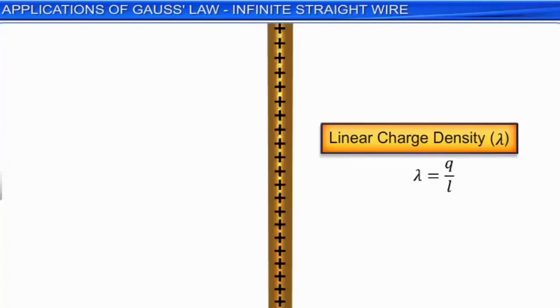The wire considered has an axis of symmetry. Consider a point O on the wire. Consider a radial vector from O to a point P whose magnitude is R. This radial vector is normal to the length of the wire.